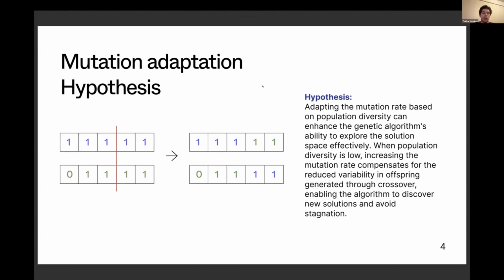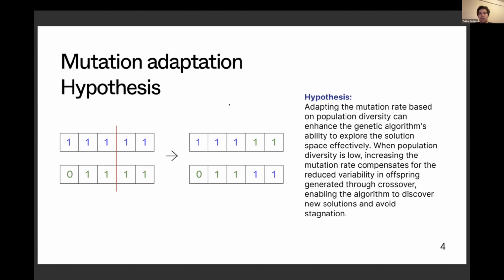So we set a hypothesis that adjusting the mutation rate based on population diversity can significantly enhance the genetic algorithm's ability to explore solution space effectively.